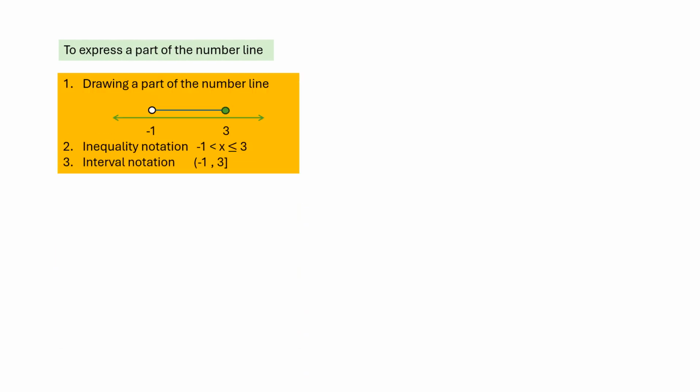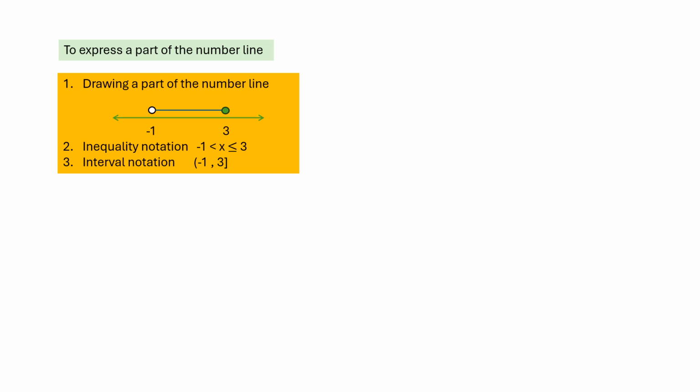To express a part of the number line, as you see, this means you express all the numbers after -1 until 3: decimals, fractions, radicals, everything between -1 and 3.